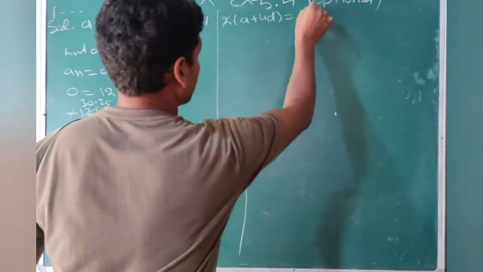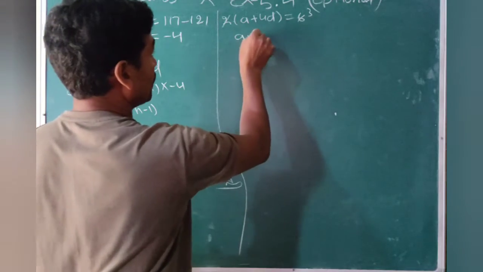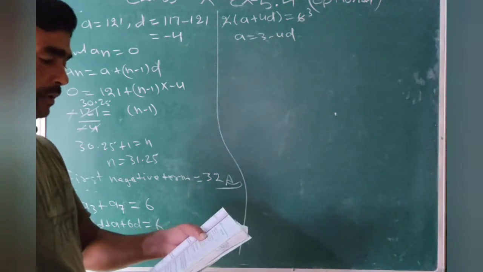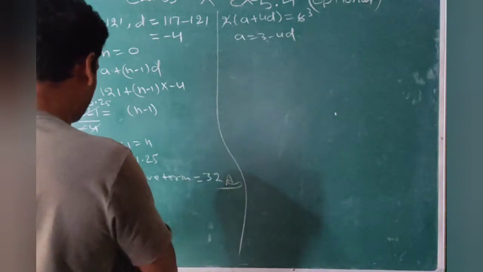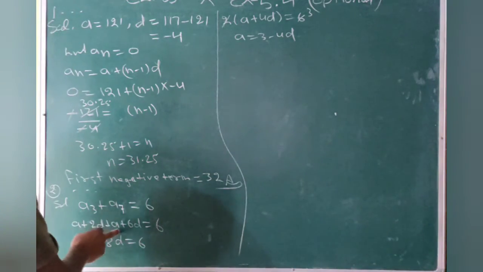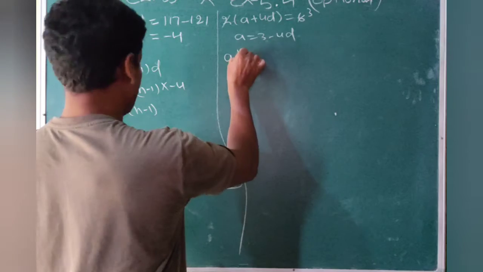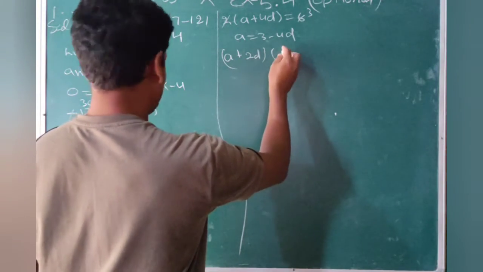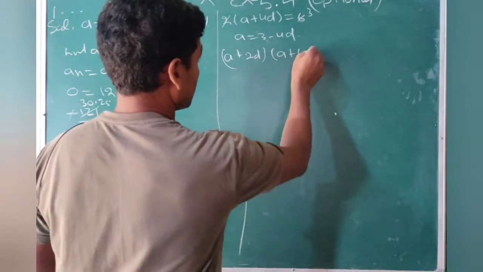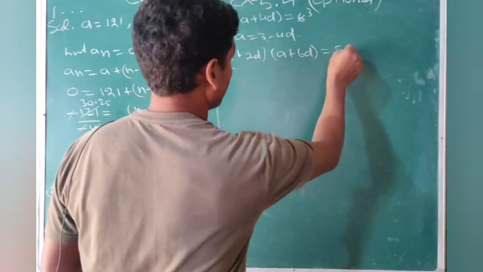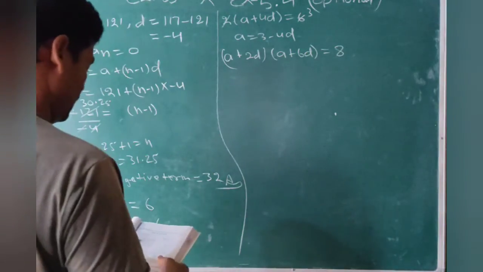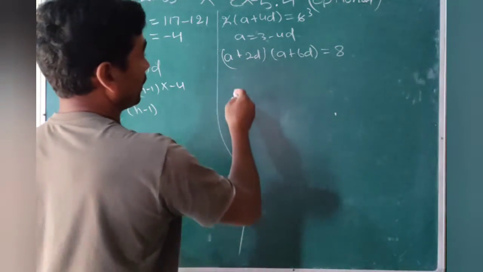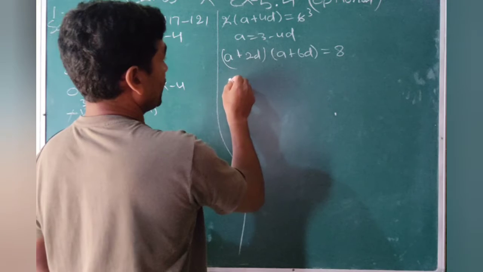2 3 ja 6. So a is equal to 3 minus 4d, and then the product is 8. The product of a plus 2d and a plus 6d is equal to 8, and we will place the a value here.